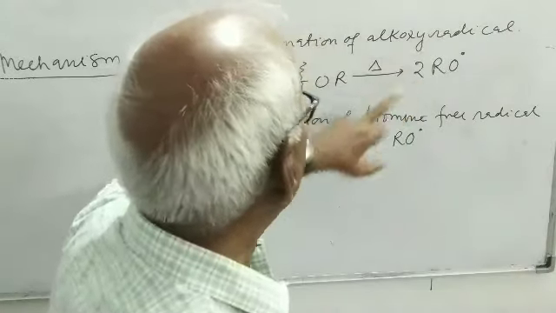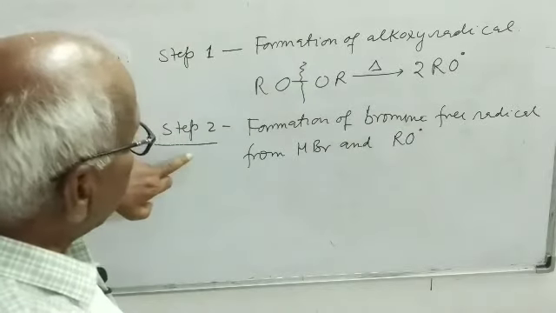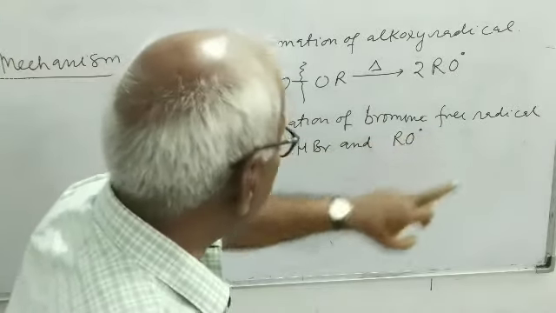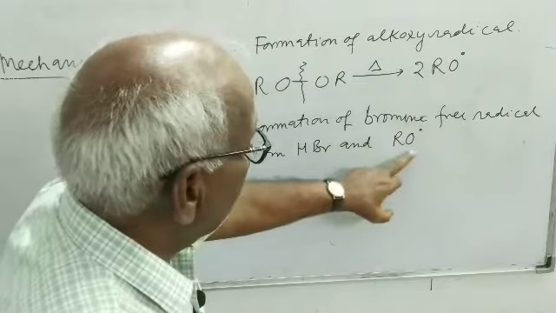Formation of alkoxy radical is the first step. The second step is formation of bromine free radical from HBr and alkoxy radical.